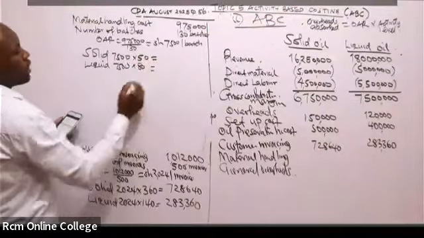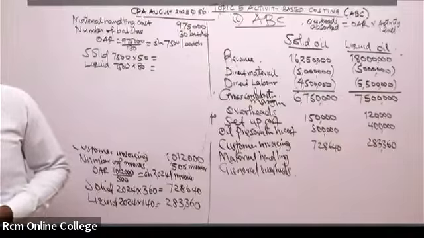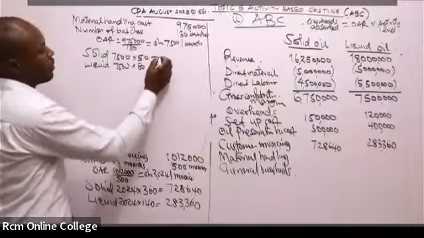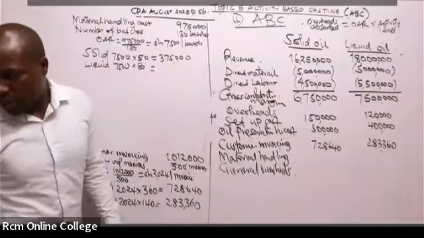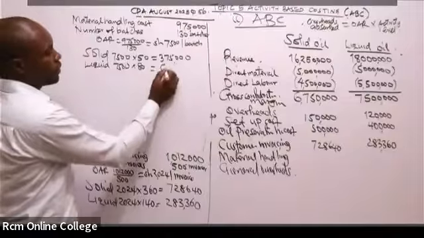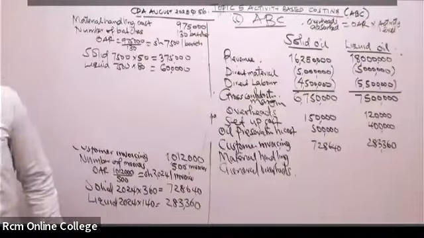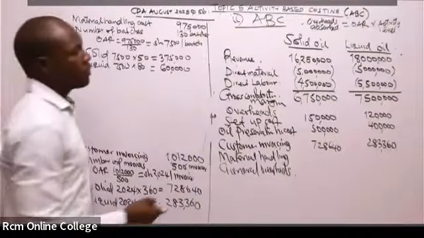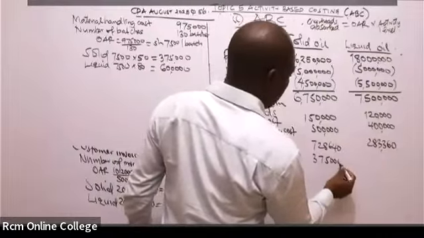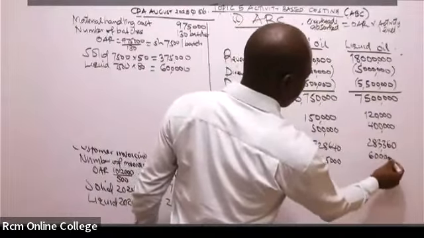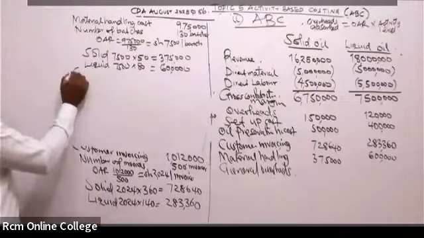Can we go ahead and get 7,500 by 50? 375,000. Then we have 600,000. Good, so we bring 375,000 and 600,000. Great.